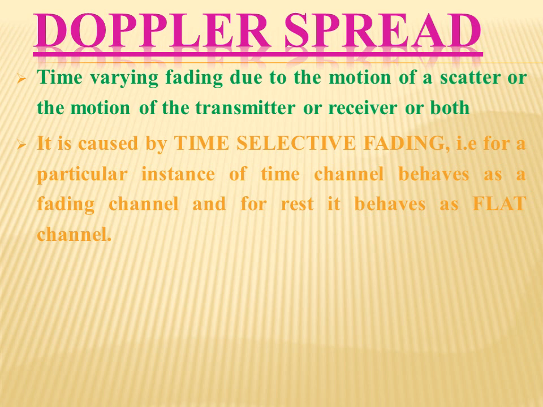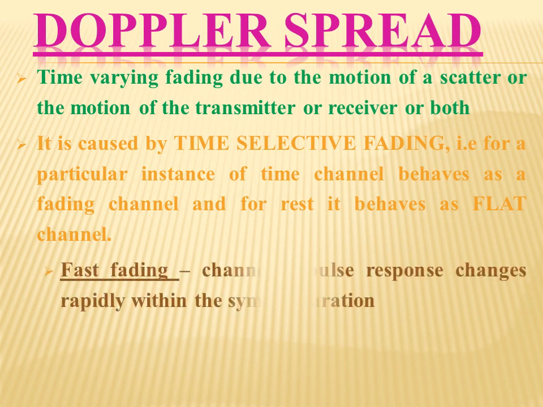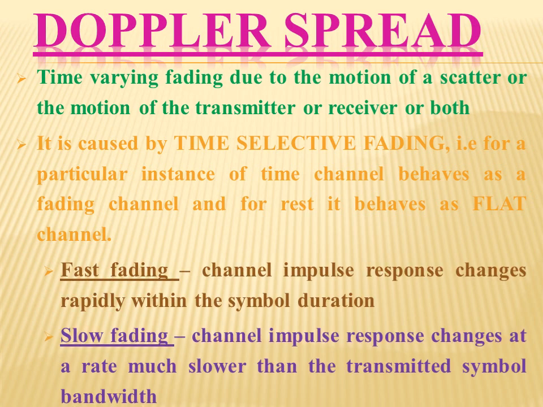That is, for a particular instant of time, the channel behaves as a fading channel, and for the rest, it behaves as a flat channel. On the basis of Doppler spread, there are two types of fading: fast fading and slow fading. Fast fading occurs when the channel response changes rapidly within the symbol duration.